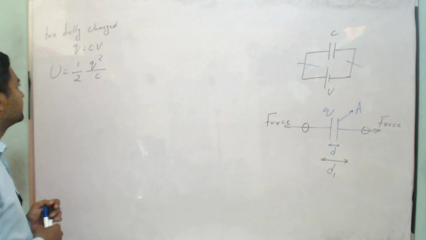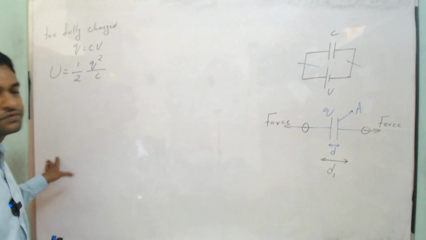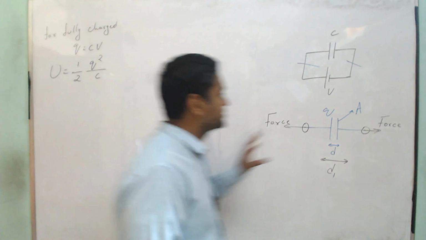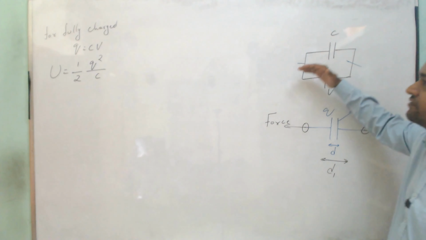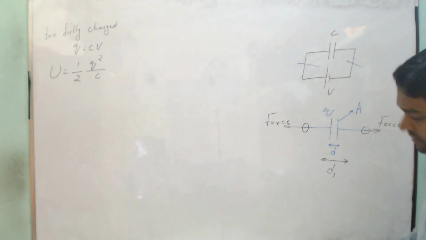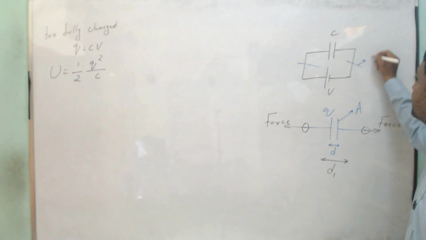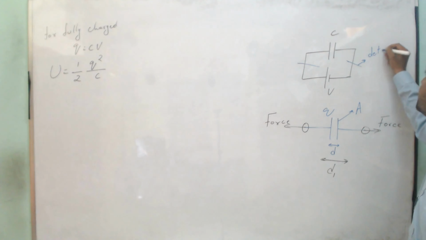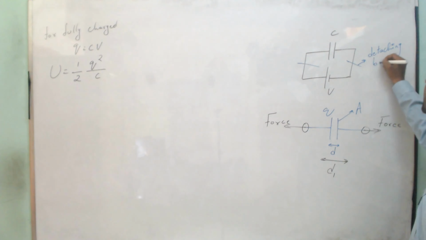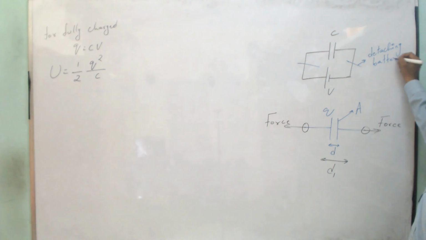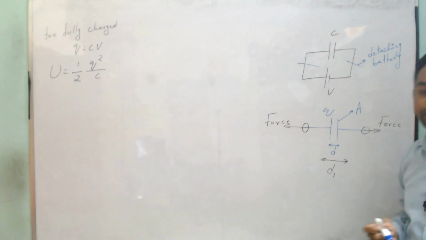Why I'm writing it in terms of Q is because the charge is the same, right? Once I have detached the battery, I don't want to talk in terms of potential difference.